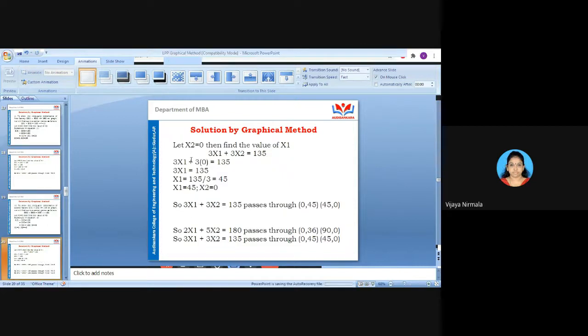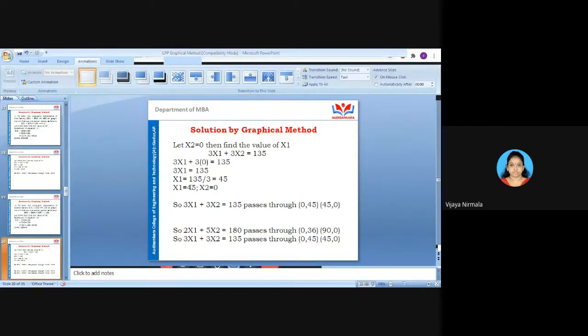And in the same way, for the same equation, let x2 is equal to 0, then find the value of x1. So 3x1 plus 3x2 is equal to 135. We assumed x2 is 0, so 3x1 plus 3 into 0 is equal to 135. 3x1 is equal to 135, x1 is equal to 135 by 3, that is equal to 45.